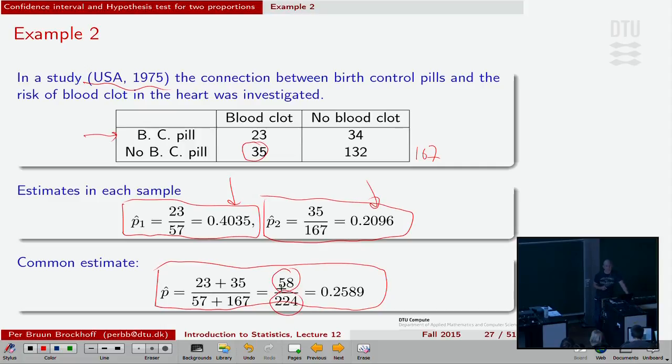I add all these bad events up, 58 bad events, 224 people altogether. So jointly there is a 26% risk. Note how this is kind of a weighted average of the two risks, right? Because there are more people in one group. So the 26% should be the joint risk if they were the same in the two groups, right?